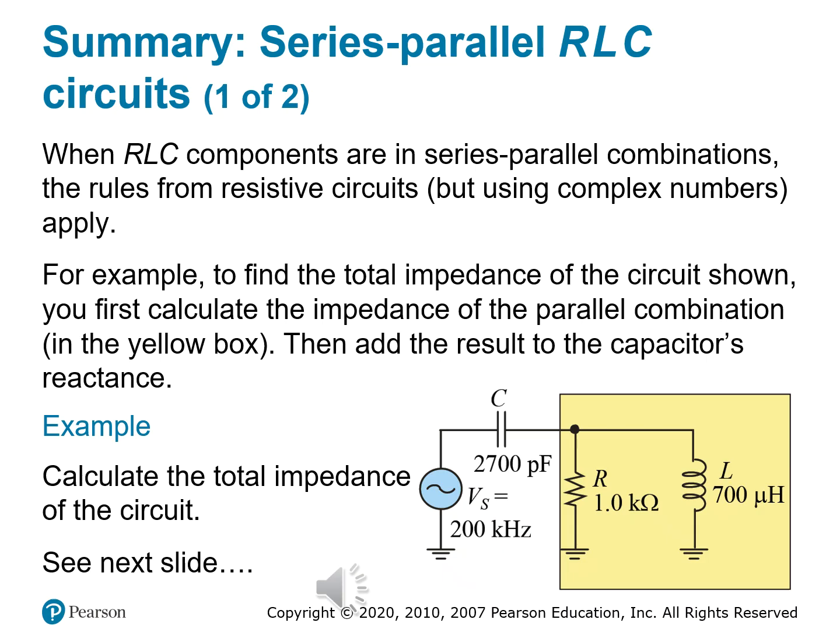Then add the result to the capacitor's reactance since it's in series, and keep your complex number toolbox ready because you're going to need both real and imaginary parts. We're dealing with magnitude and phase, so this is where the math gets rich and the insights get even deeper. If you're ready to calculate the total impedance, the numbers await us on the next slide. Let's go.